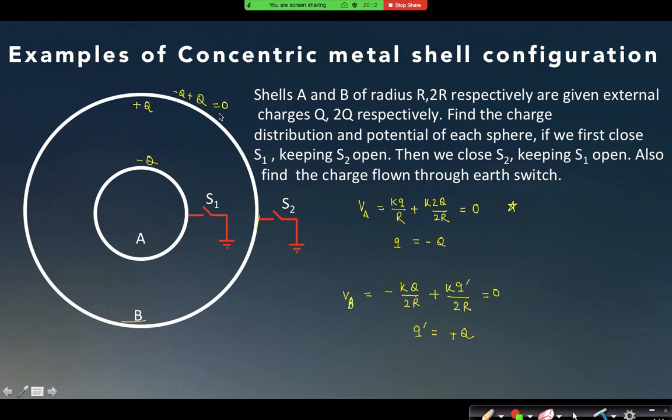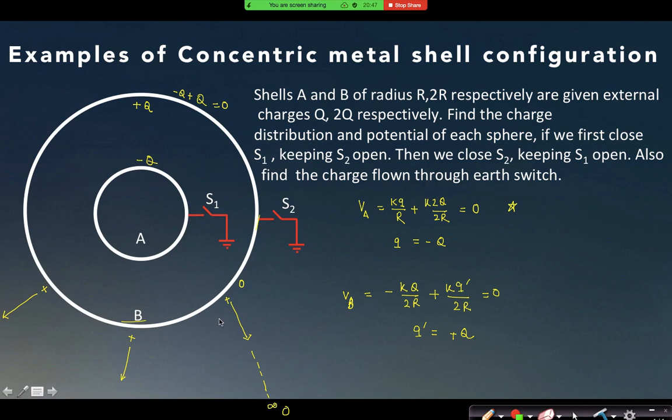It is also due to the fact that if the outer surface carries some charges, then electric field lines will flow from this point to where? To infinity. Now let us try to understand it in this way: at infinity, what is the potential? Zero. And what is the potential of this surface?